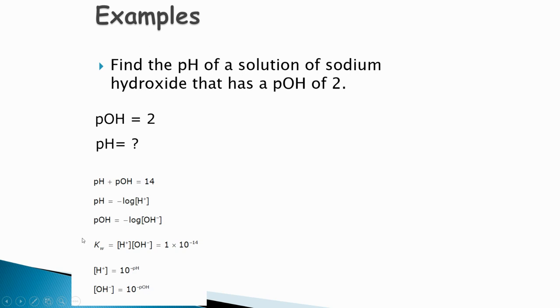Do we see one that has both pH and pOH in it? And we do. The very first one here has pH and pOH. So that's going to be our best one. So we'll say pH plus pOH equals 14. Now let's plug that pOH in. And solving 14 minus 2 gives me a pH of 12.